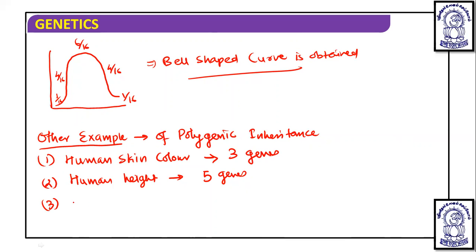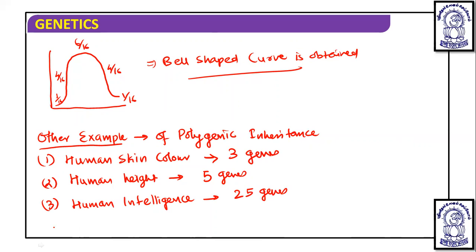Third, human intelligence. That is also controlled by polygenic inheritance, and human intelligence involves 25 genes.